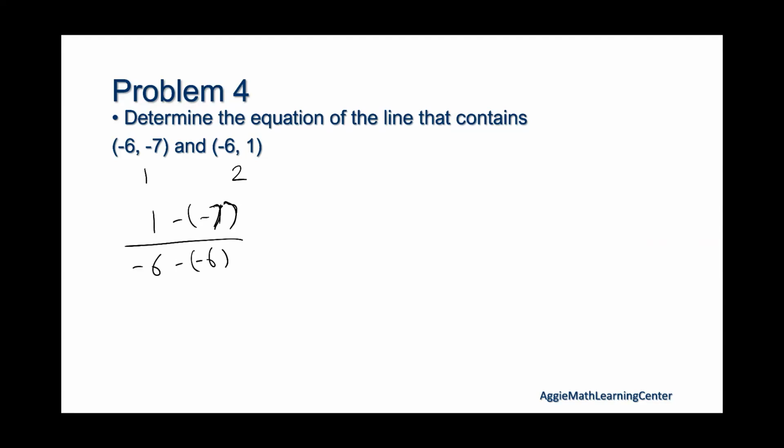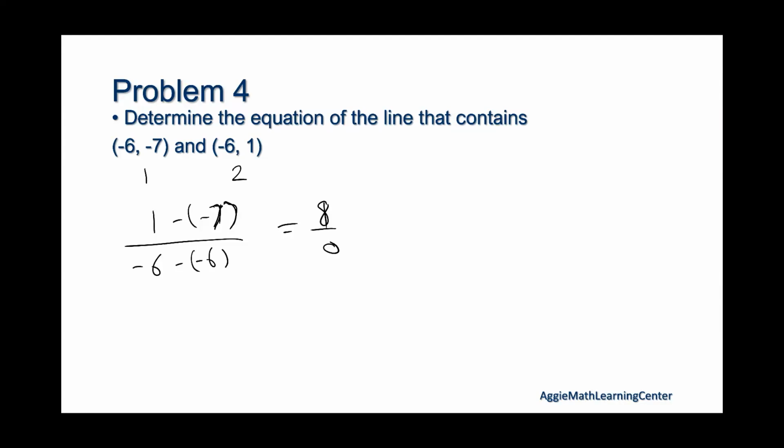Okay, do we see a problem here? Because I do. We end up with 0 in our denominator. So its slope is undefined.